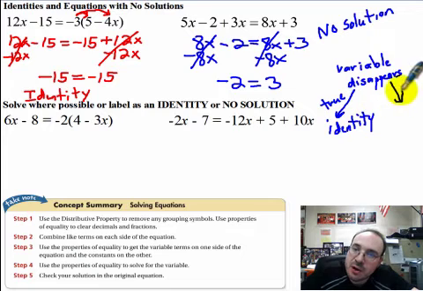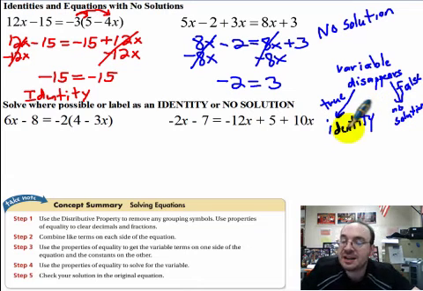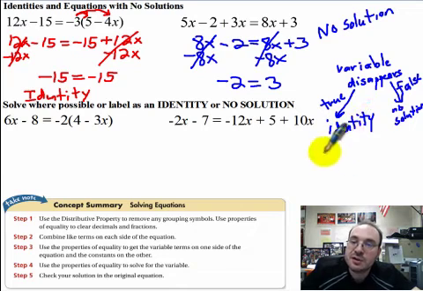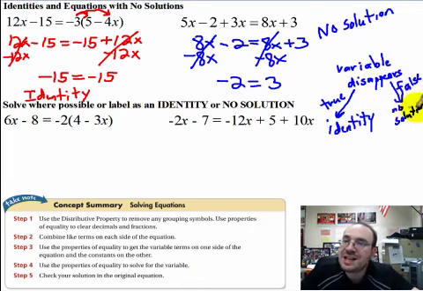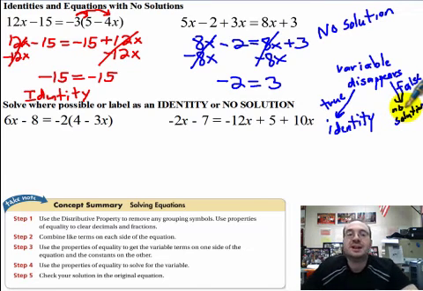And if you get a false statement, that means there's no solution. And again, remember, sometimes people will refer to an identity as having infinitely many solutions. So you could have infinitely many solutions, in other words everything works, or nothing will work. And that happens anytime your variable disappears. So please keep that in mind.